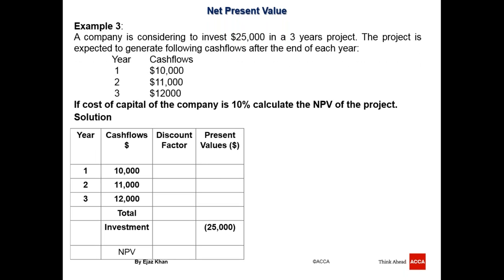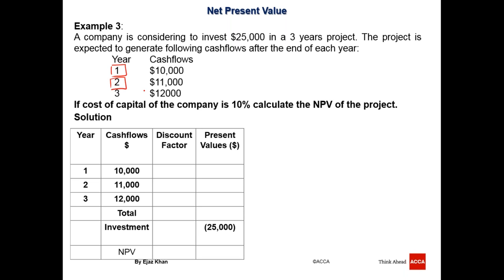The difference between this example and the previous example is that in the previous example, the company was going to receive $22,000 at the end of the third year, and nothing was to be received in year 1 and year 2. But in this example, this project is generating cash inflows at the end of every year for 3 years.